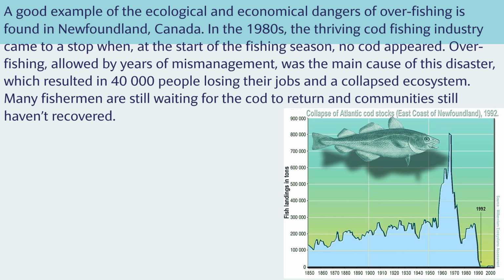Overfishing, allowed by years of mismanagement, was the main cause of this disaster, which resulted in 40,000 people losing their jobs and a collapsed ecosystem. Many fishermen are still waiting for the cod to return, and communities still haven't recovered.